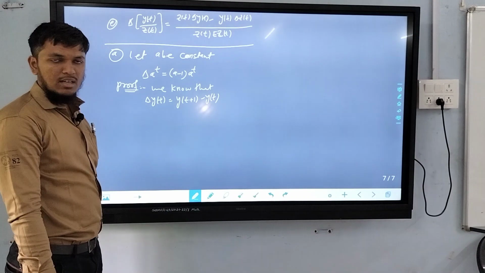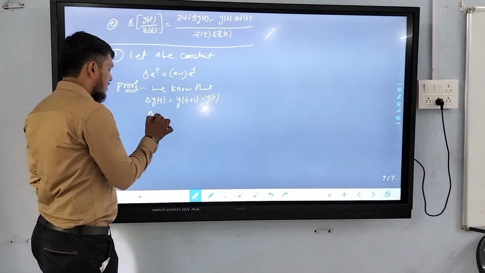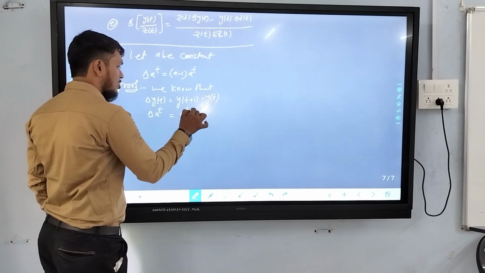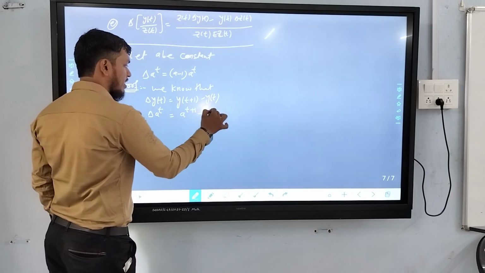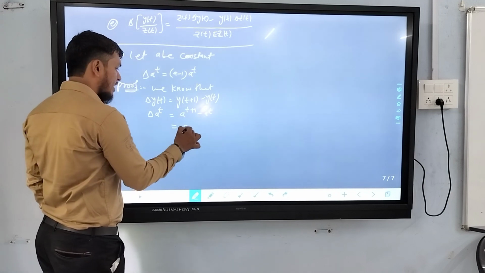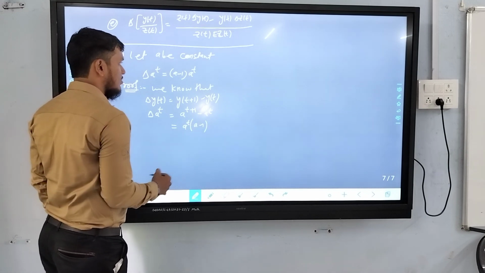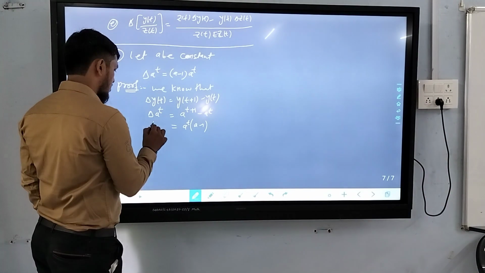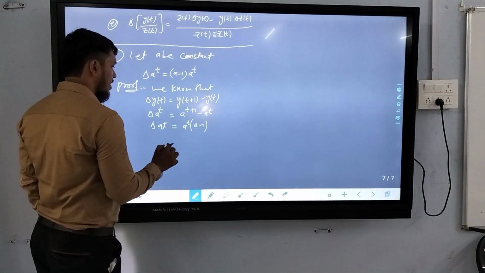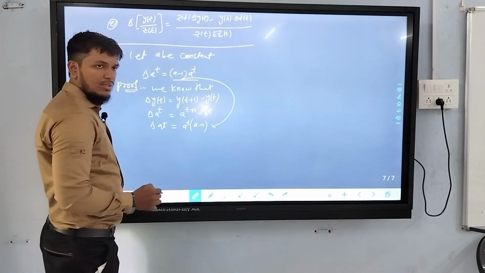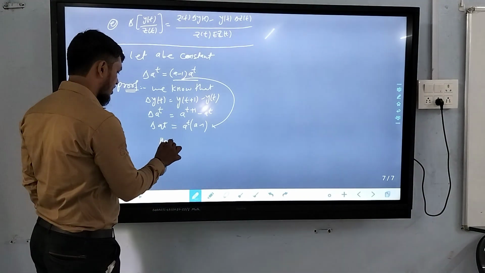So delta operated on a raised to the power t is a raised to the power t plus 1 minus a raised to the power t. You can take a raised to the power t common, so the remaining term is a minus 1. You can see this is the right hand side, which means it is true.